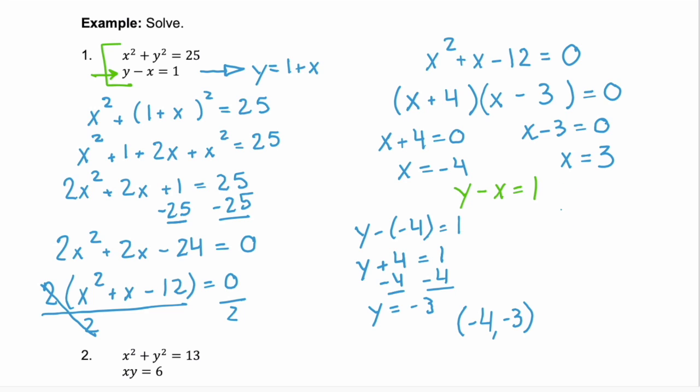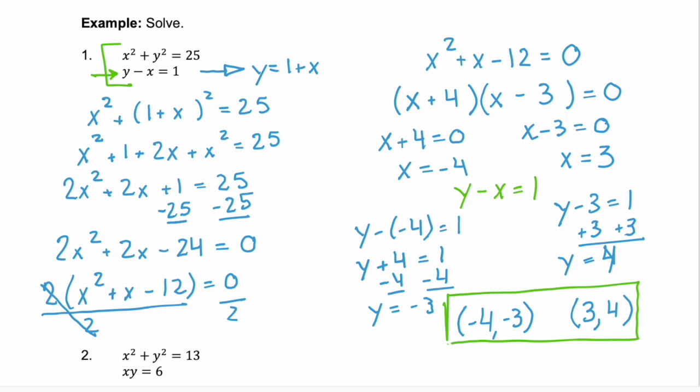Now when x is 3, we have y minus 3 equals 1. Add the 3, and we get y equals 4. That gives us the point 3 for x and 4 for y. So this system has 2 points of intersection, negative 4, negative 3, and 3, 4.